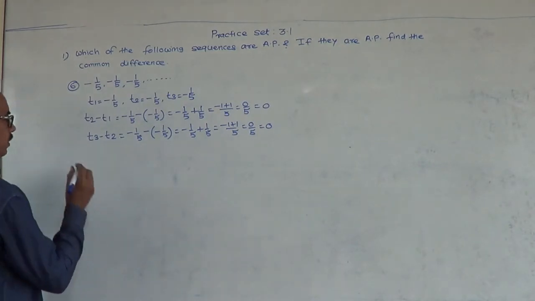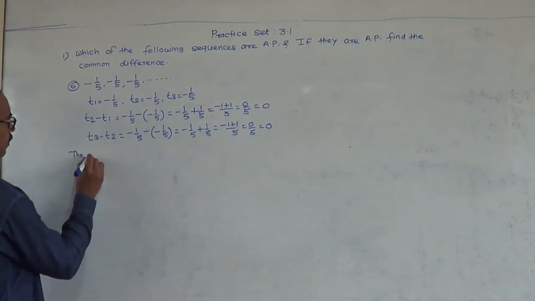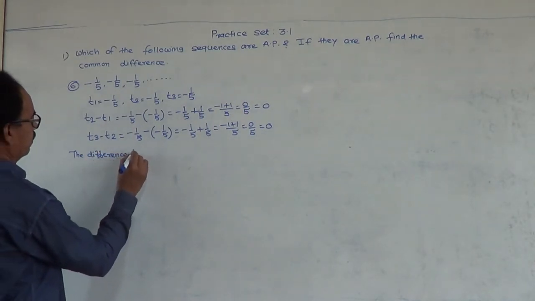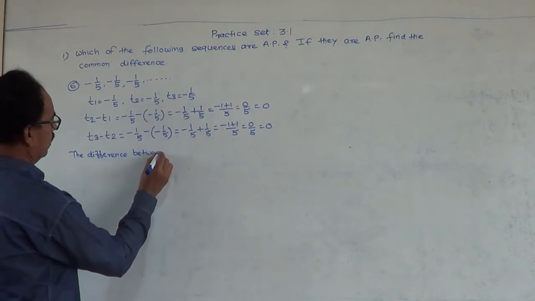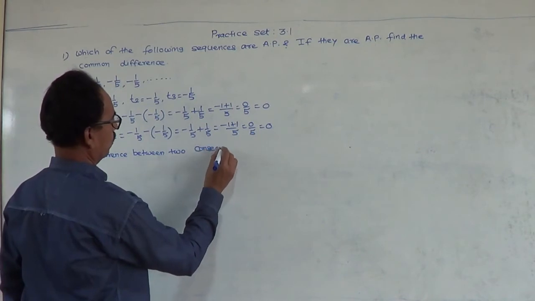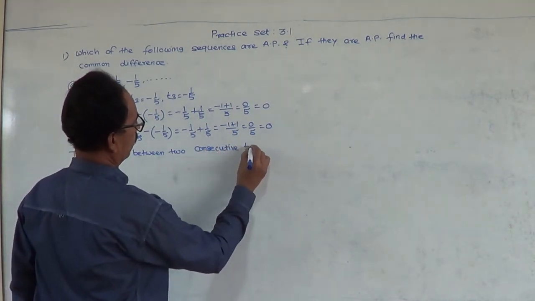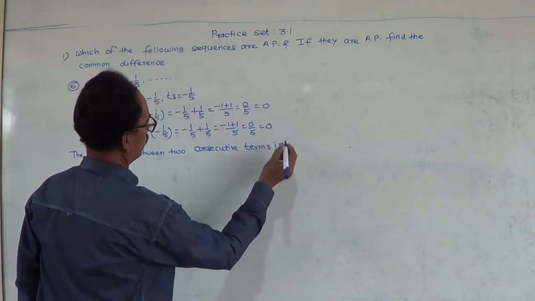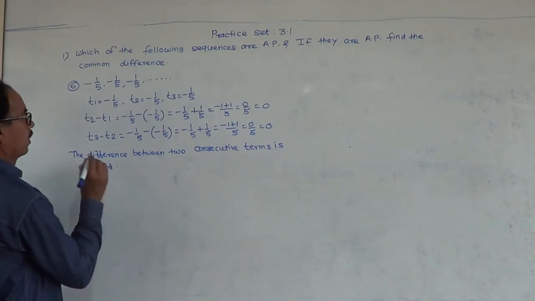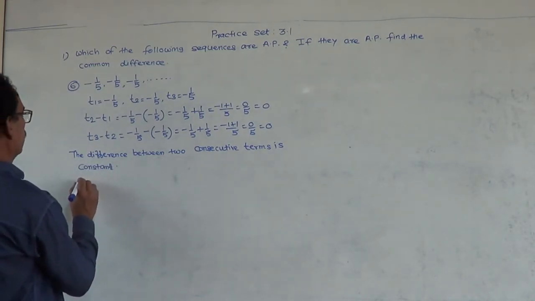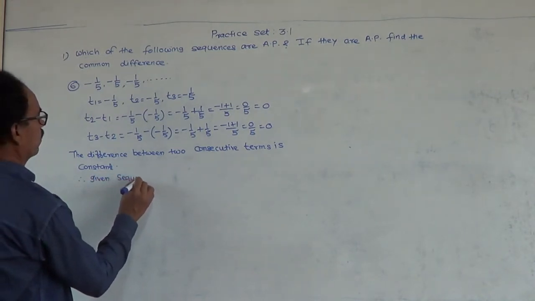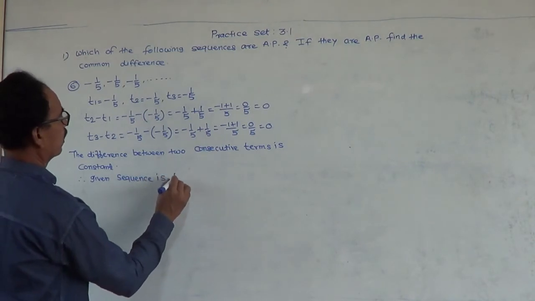So the difference between two consecutive terms is constant, and so the given sequence is AP.